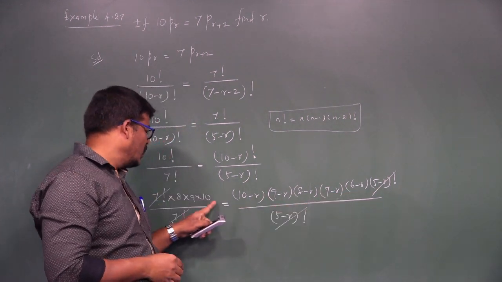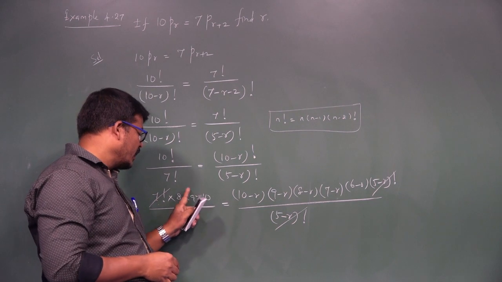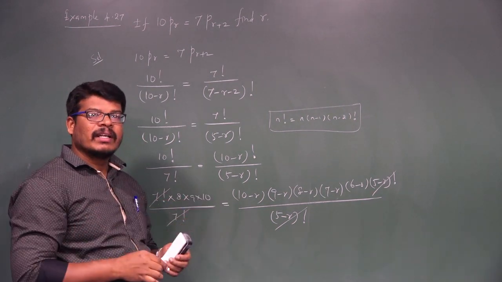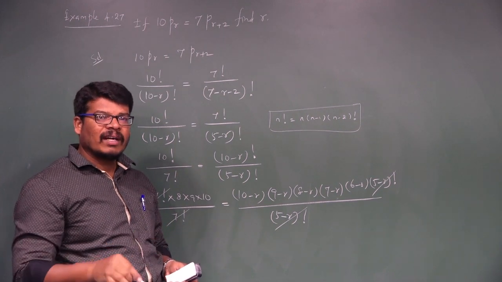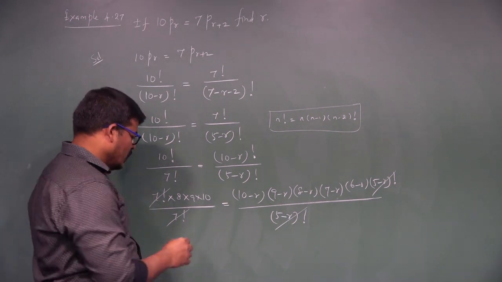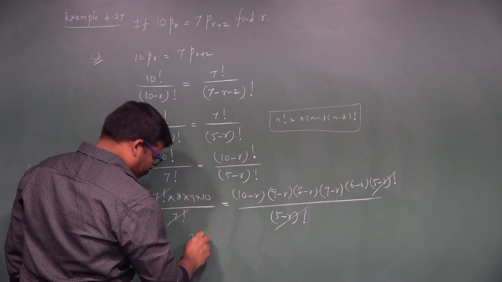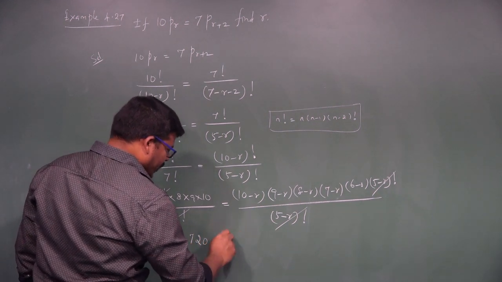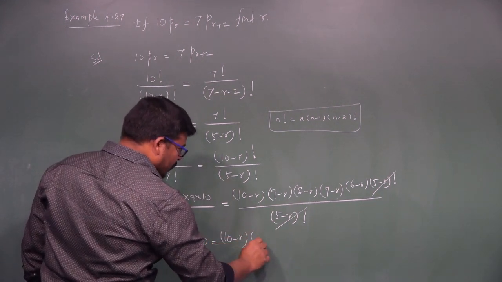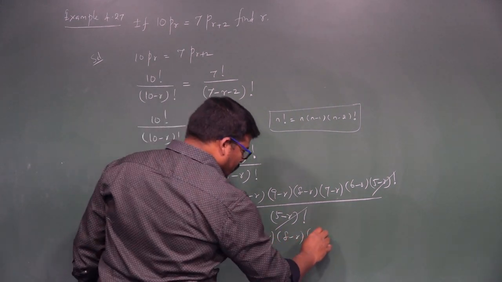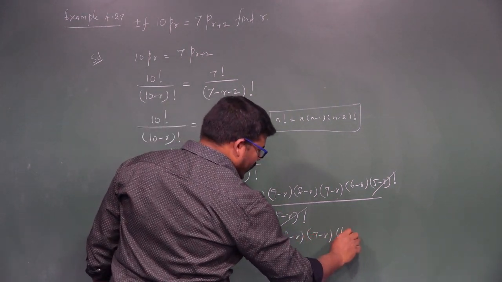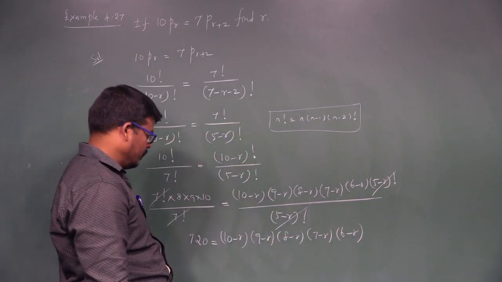Now split the 720 into 5 terms, equating each one of the terms, and find the value of r. So 720 equals (10 minus r) into (9 minus r) into (8 minus r) into (7 minus r) into (6 minus r).